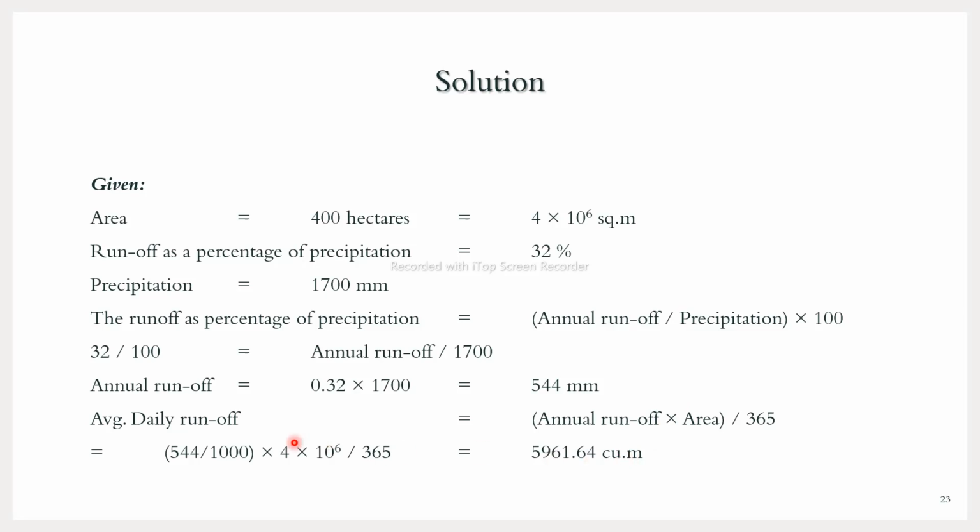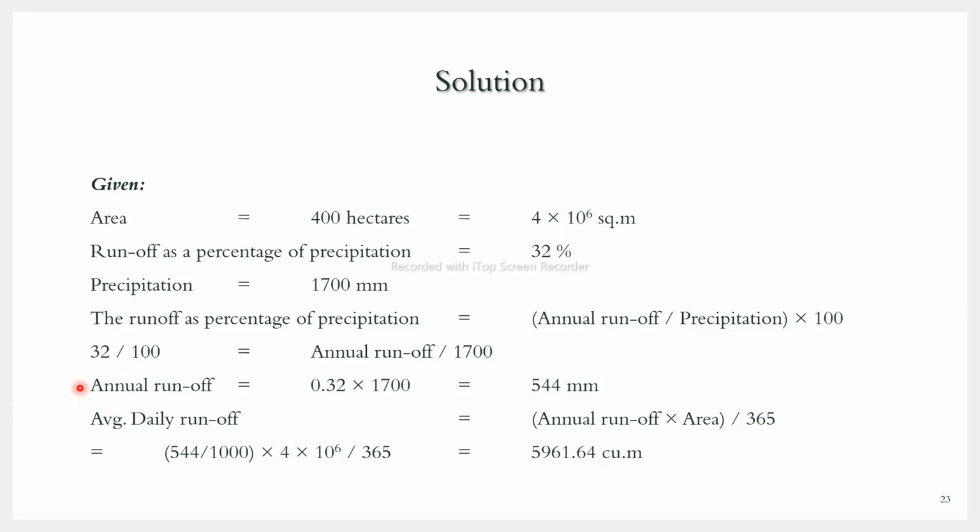Then the average daily runoff equals 544, that we calculated earlier, the annual runoff, divided by 1000, because here it is in millimeters, so we are converting it to meters, because the answer is in cubic meter, into the area, that is 4 into 10 to the power 6 square meter, divided by 365 days per year.